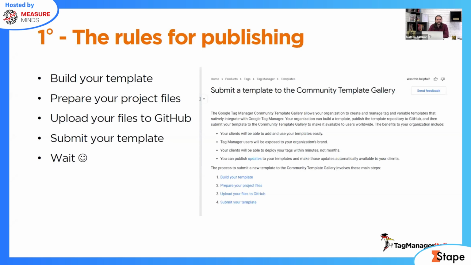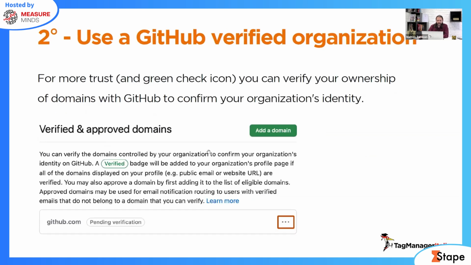Some years ago, the waiting was 1 week, 2 weeks, and then the delay increased a lot, to months. But I tested just 2 weeks ago, and I saw that after only 4 days my new variable was in the template gallery.